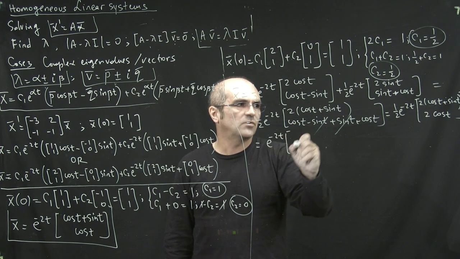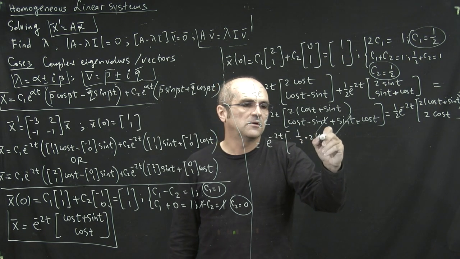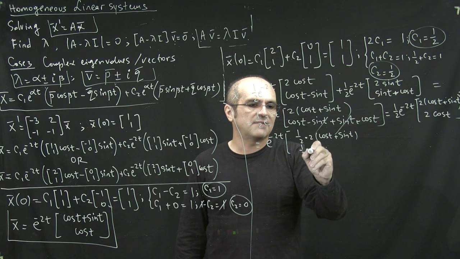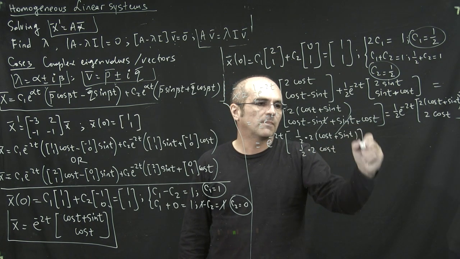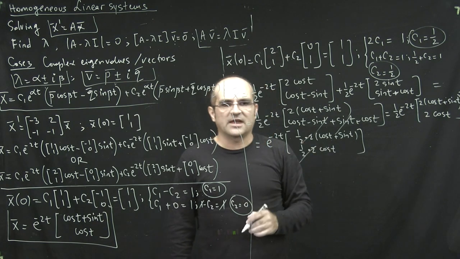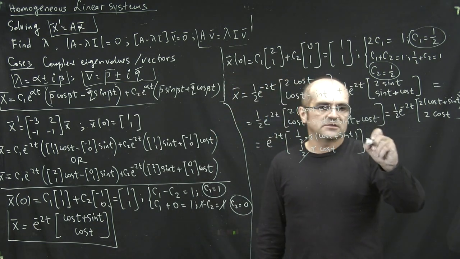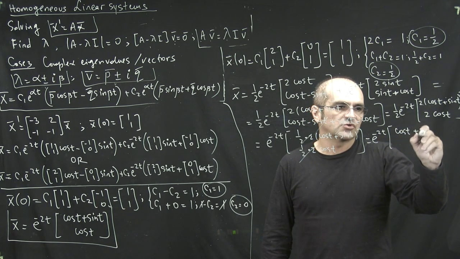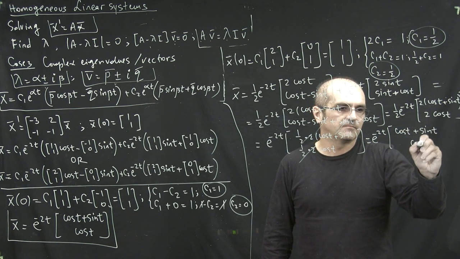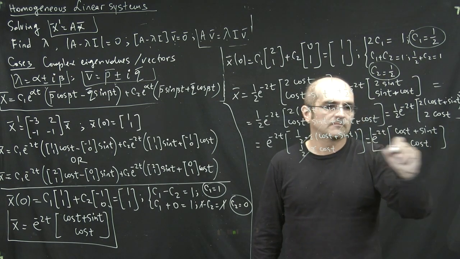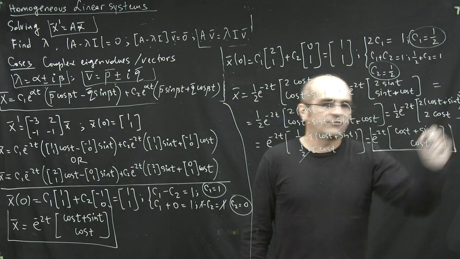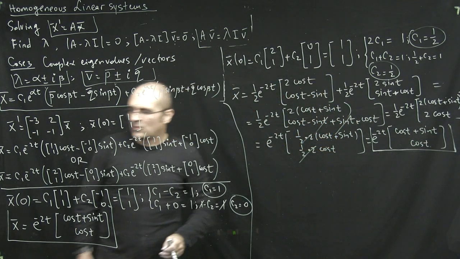Scalar multiplication, 1/2 times 2 cosine plus sine. And 1/2 times 2 cosine of t. Anyway, so 1/2 cancels with 2. And I hope everybody agrees that we get the same solution as expected. No surprise, right? I mean, that's what should happen if we write the general solution in the correct way.